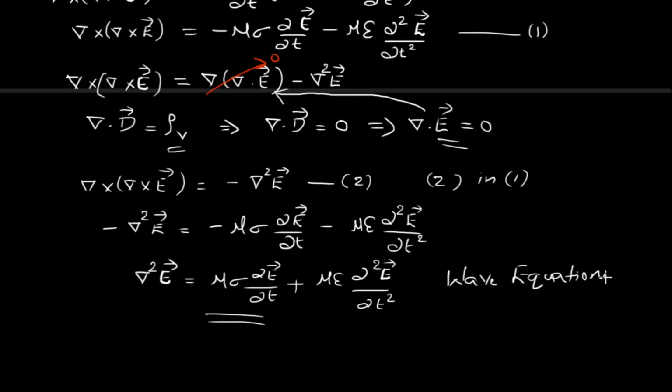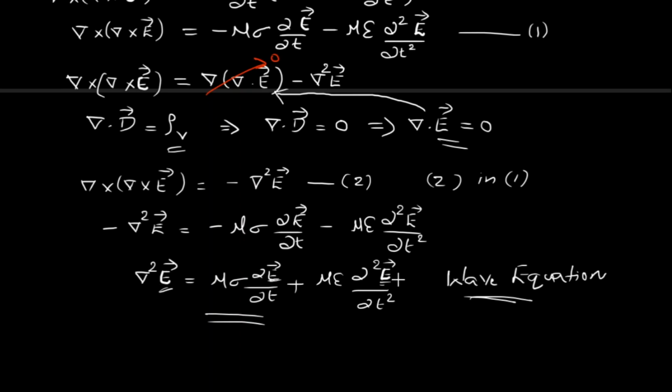We have already studied Maxwell's equations for the interdependency of electric field and magnetic field. By using those equations, I could easily derive the wave equation. But as you can see here, this wave equation is applicable to electric field only, because this equation has electric field on the left side and on the right side.